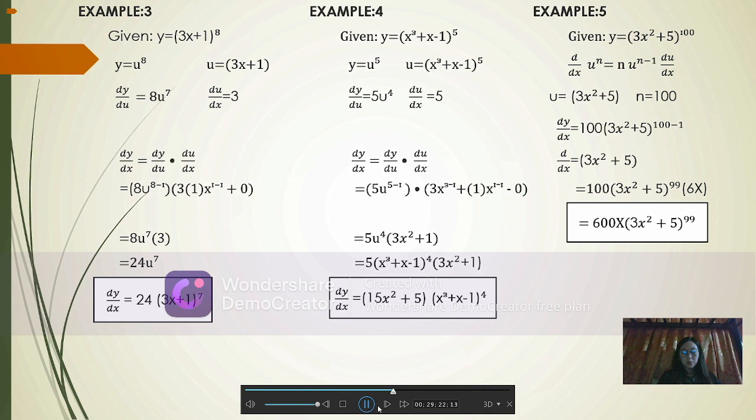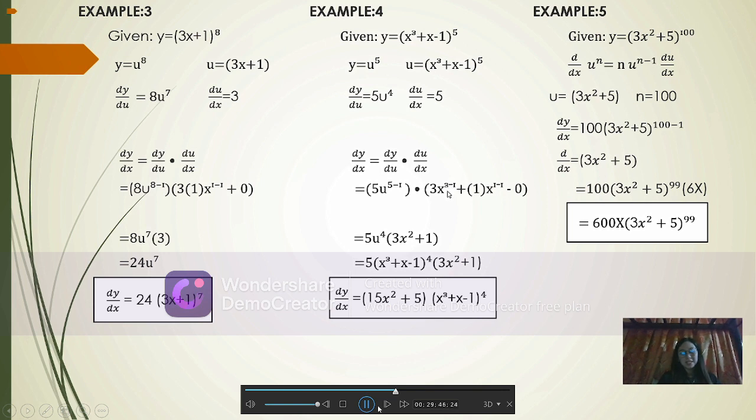So, dito, pag ma-minus tayo, 5 minus 1 magiging 4, then 5u to the 4th power magiging sagot. Then, times, eto naman, 3x to the cube power, then minus 1 ulit tayo, then magiging 2, kasi binawasan natin ng isa.